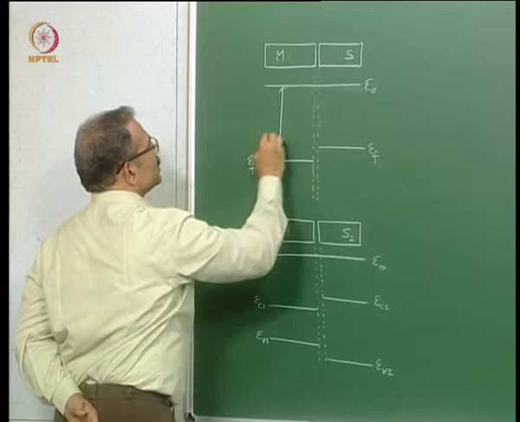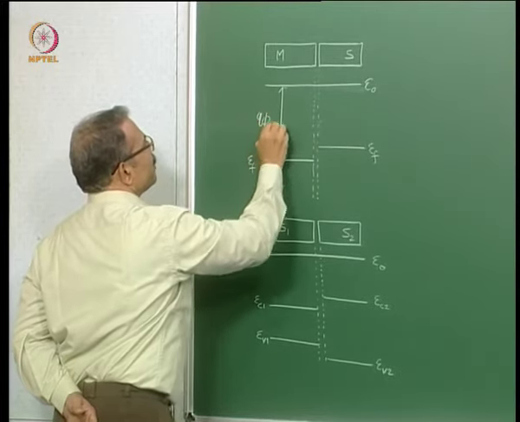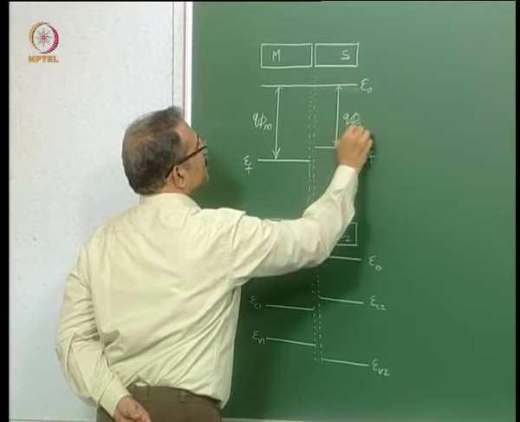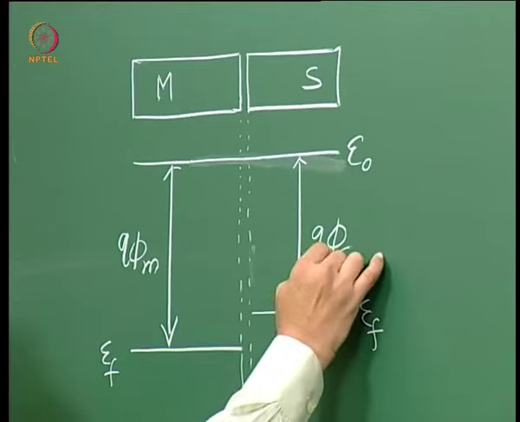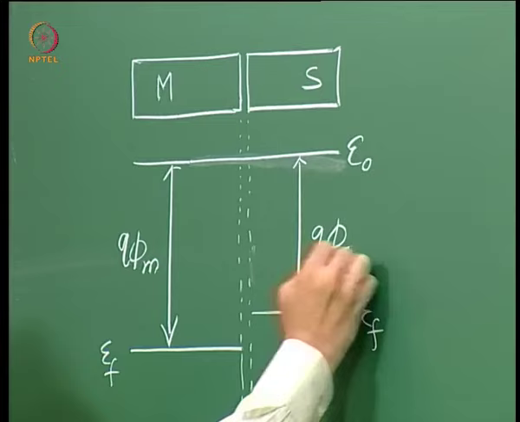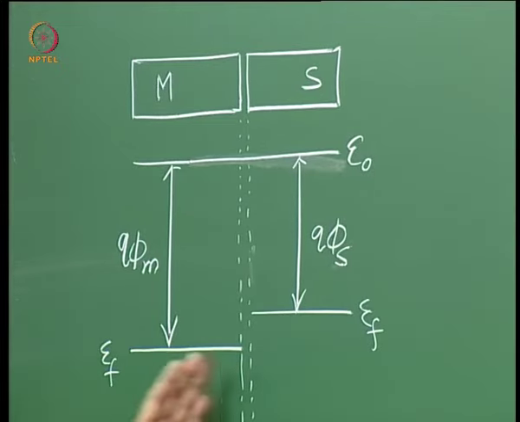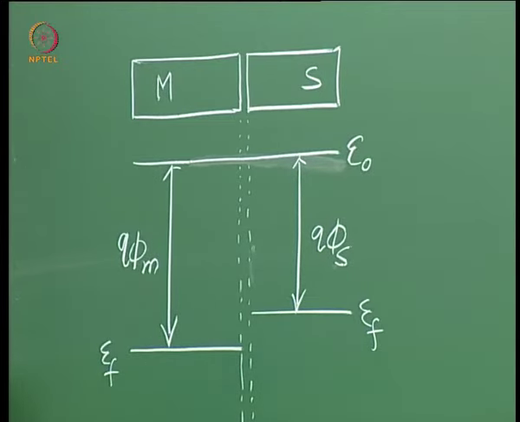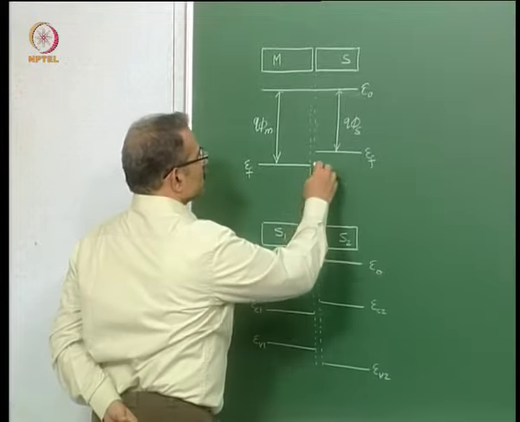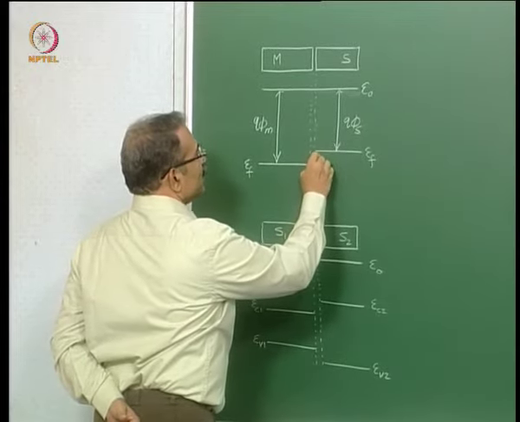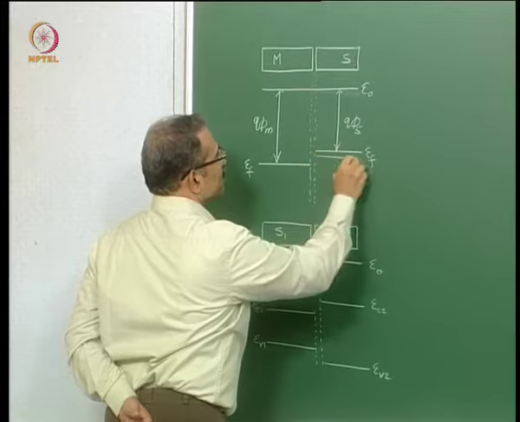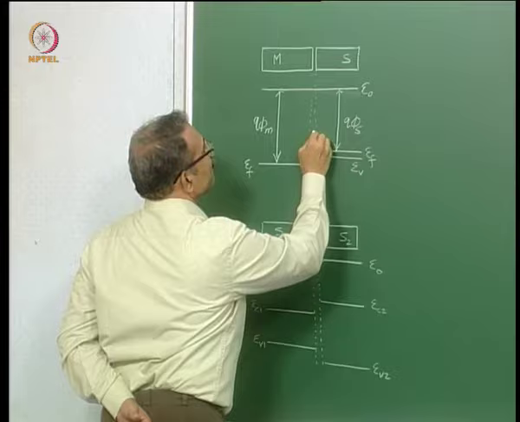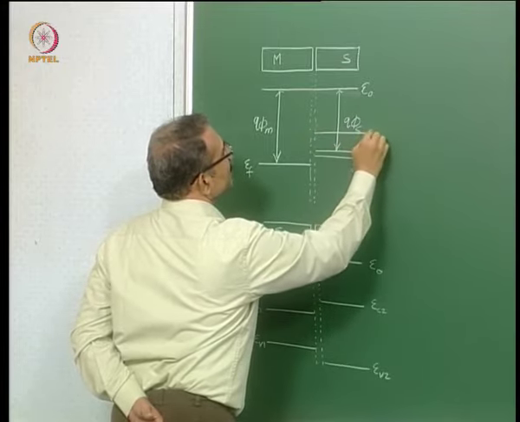So this is the work function of the metal side and this is the work function of the semiconductor side. So we are considering a combination of materials such that phi m is more than phi s. Now suppose this side were to be even p type, which means the valence band edge is close to the Fermi level on this side. So let us say this is the conduction band edge.